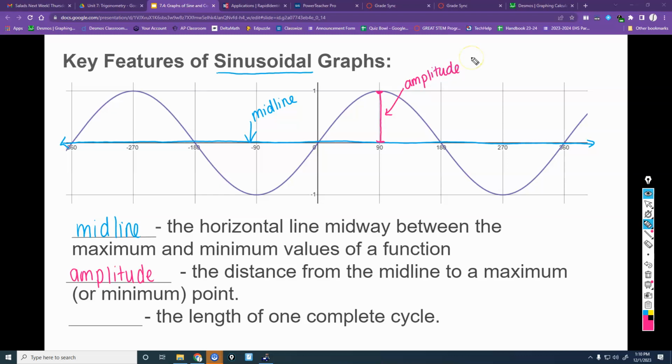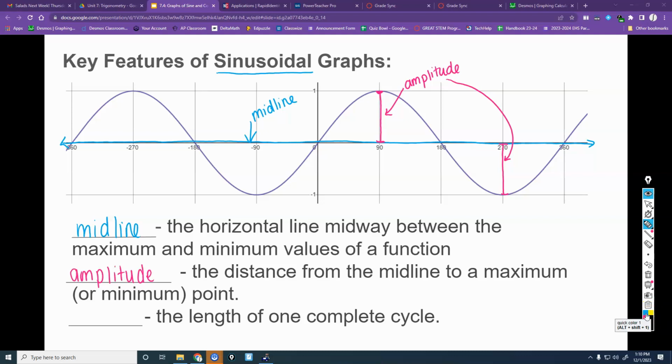So it tells us how tall our graph goes. It might just go up 1 like it does here, or it could go up to 1,000. And we'll see how we can change the graph and do those things on Monday. The amplitude could also be from the midline to the minimum point, because that should be the same distance, right? From the midline to the maximum, midline to the minimum should be the same distance. So it could be either one of those.